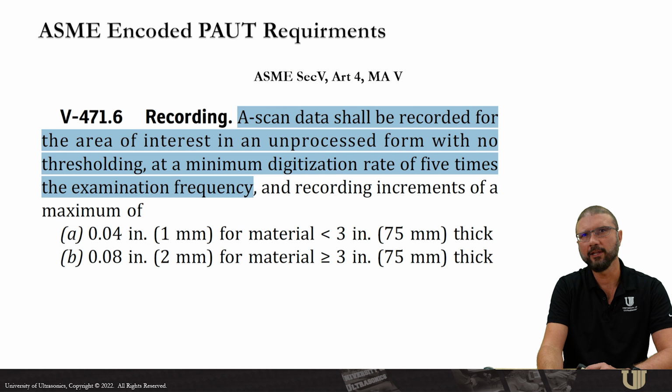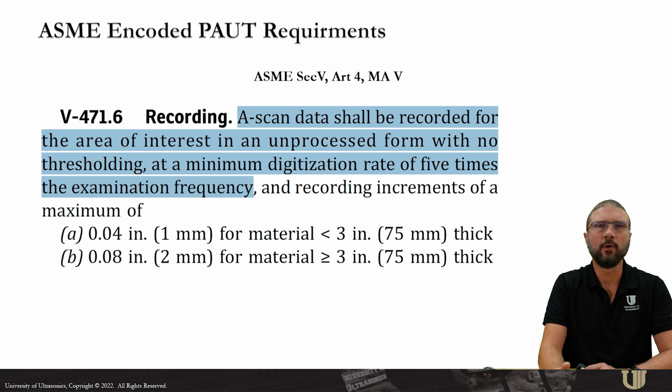So let's go back and look at the ASME requirement one more time. A-scan data shall be recorded for the area of interest in an unprocessed form with no thresholding at a minimum digitization rate of 5 times the probe frequency.